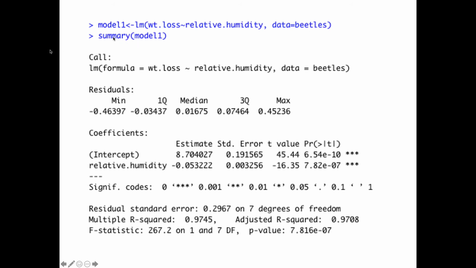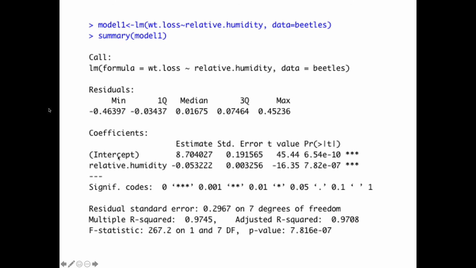And when I type in summary model 1, it gives me a bunch of stuff that doesn't look anything like an ANOVA table. It basically reminds me what is the formula that you were using to calculate this. Then it gives me some descriptive statistics about the data set in terms of the residuals. But what you're really interested in is this section down here where it gives you the coefficients.